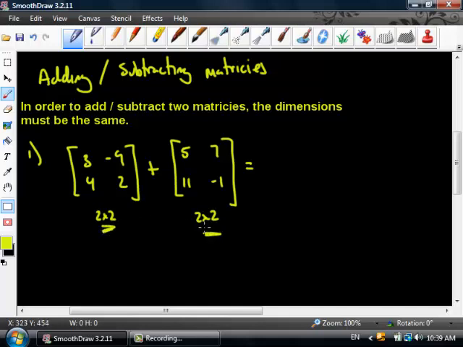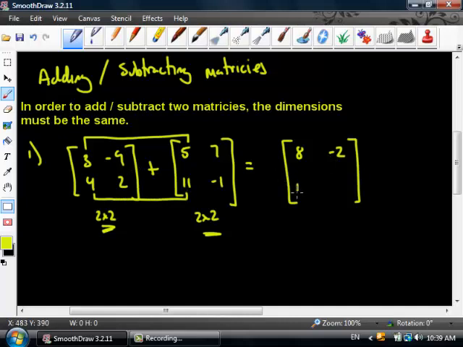So, I add by association. 3 plus 5 becomes 8. Negative 9 plus 7 becomes negative 2. 4 plus 11 becomes 15. 2, whoa, sorry, I crossed over there, plus negative 1 is 1. Questions on adding and subtracting matrices? Jack? Okay, sorry. Thought I saw your hand up.